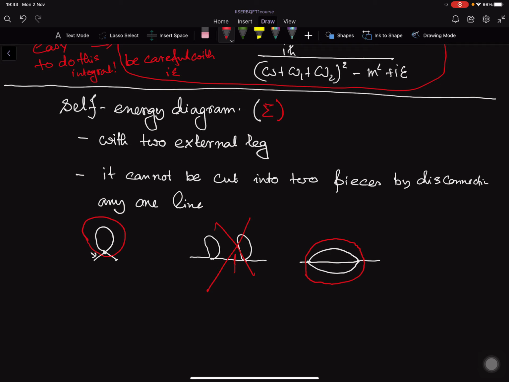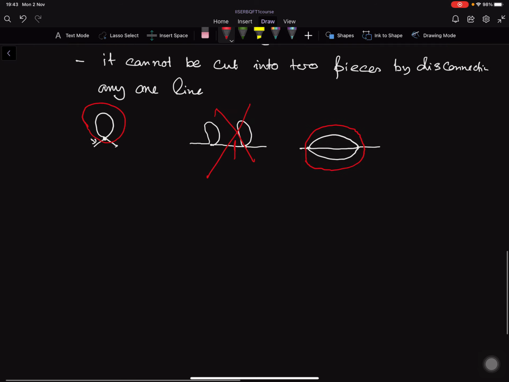And the bottom line is that the structure of the 2-point function is something like this.